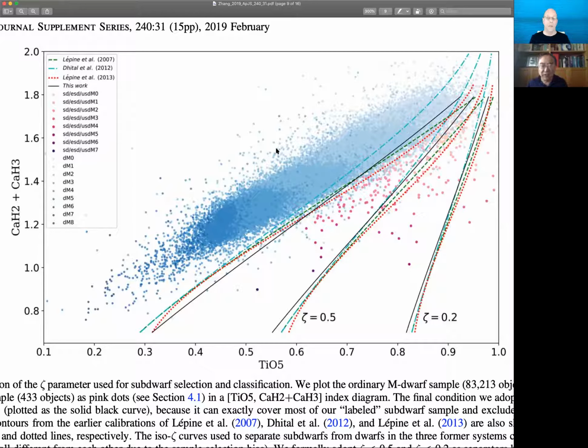So in the following work, we are checking the metallicity. We use Phoenix models to check the behavior of the spectra with the parameters. We got very good relations between them, and we fit the spectra to the templates, and then we got very precise parameters of these subdwarfs.